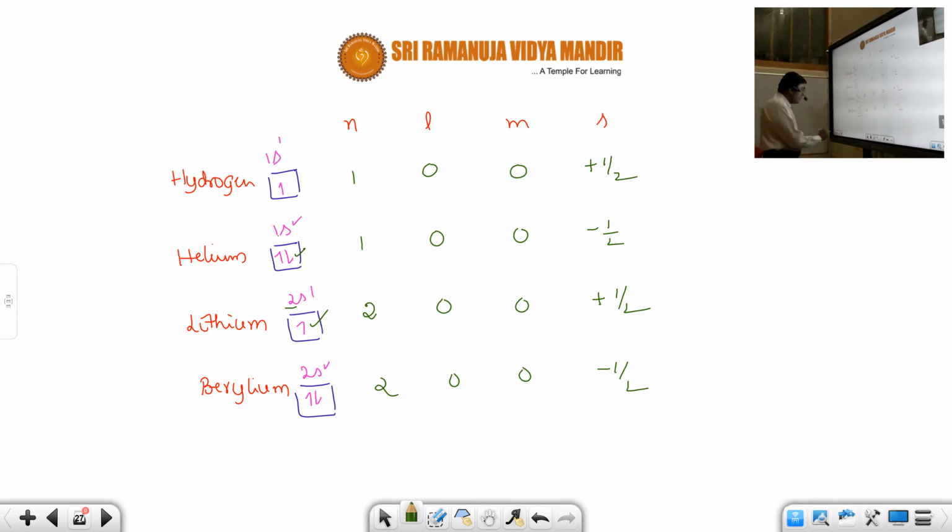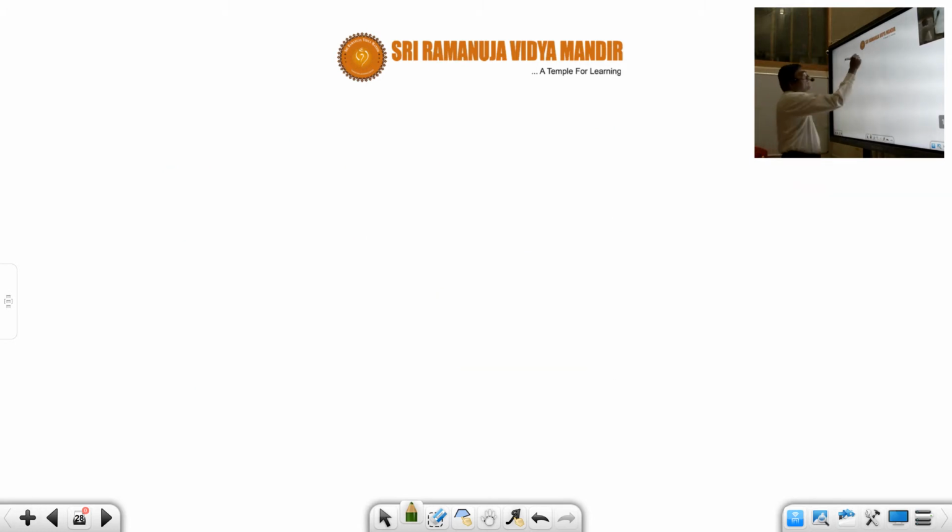So, let us learn for some more elements, students. Let us take here N, L, M, S values. Now, we are writing for boron, carbon, nitrogen, oxygen. We write for these 4.